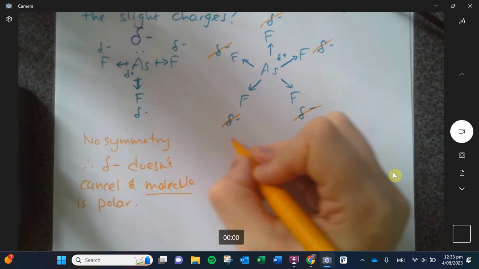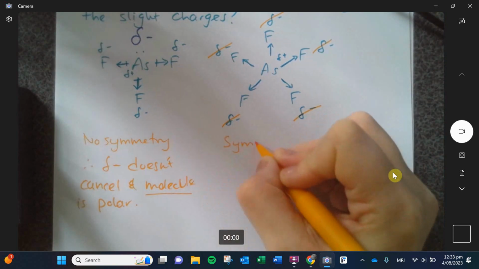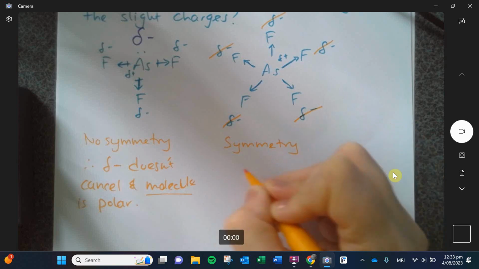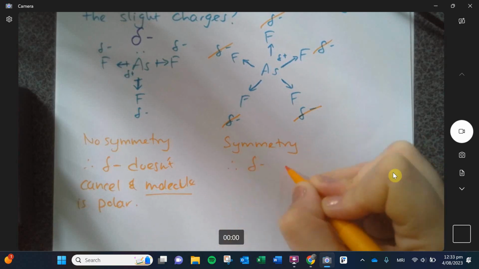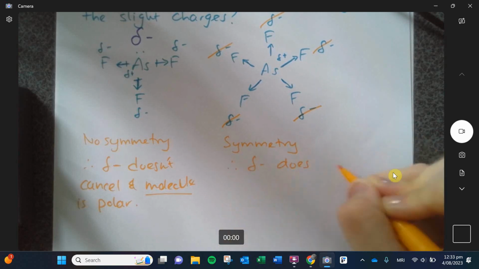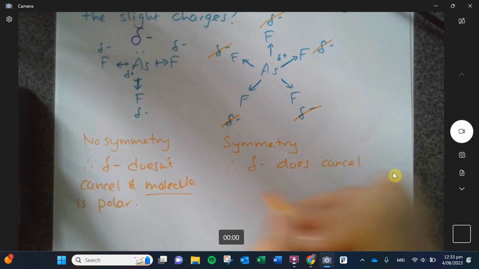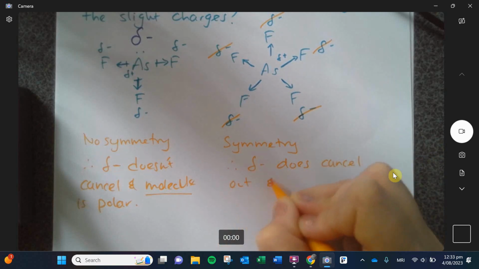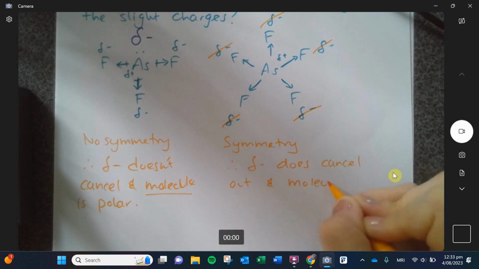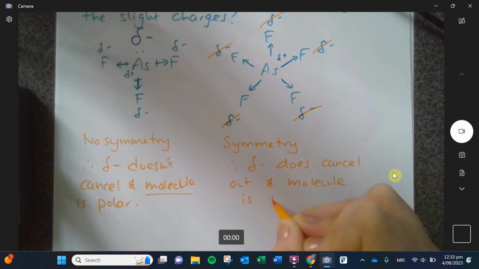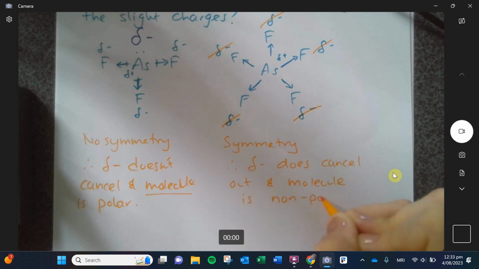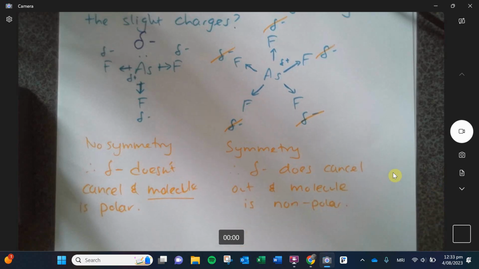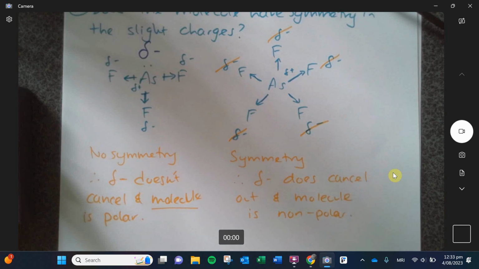And so since there is symmetry, it's going to be nonpolar. So what that tells you is that you can have a molecule with polar bonds, but a non-polar molecule.